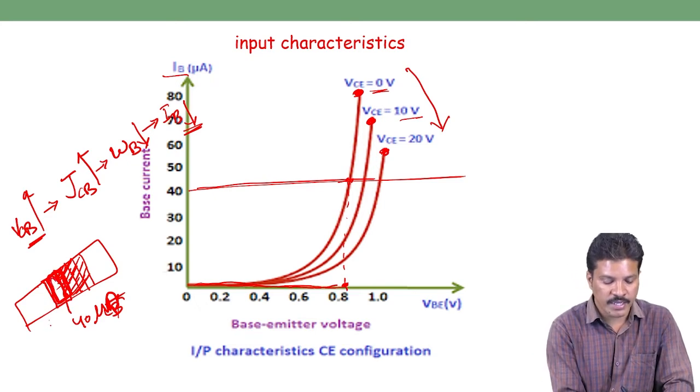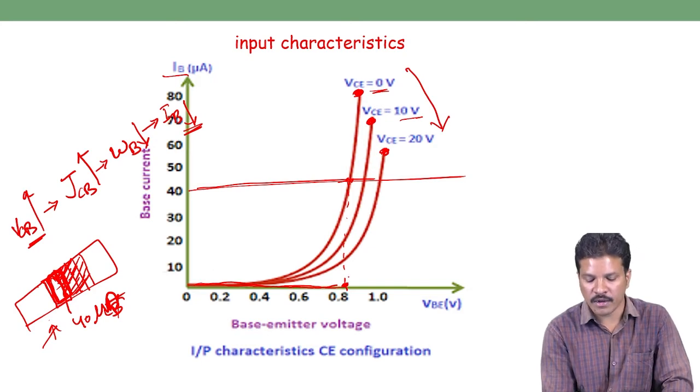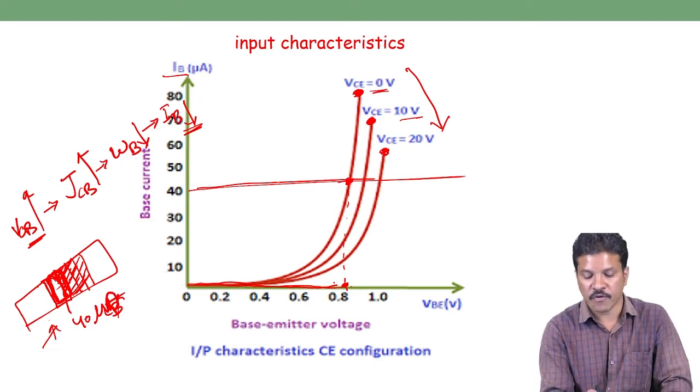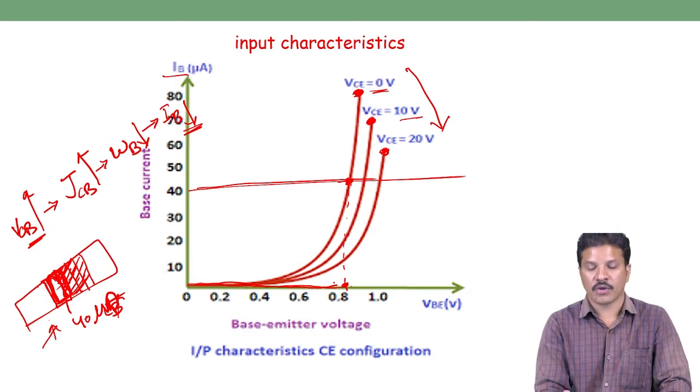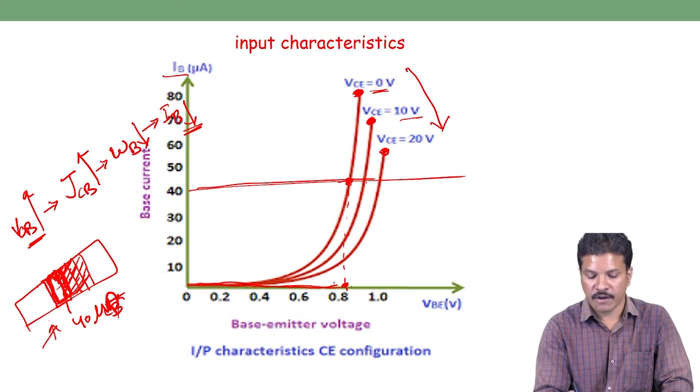So when biasing increases at the input side, earlier we got 40 microampere at 0.8 volts. Because the base region is very thin, the same 40 microampere will be obtained at a greater voltage for this curve than this one.